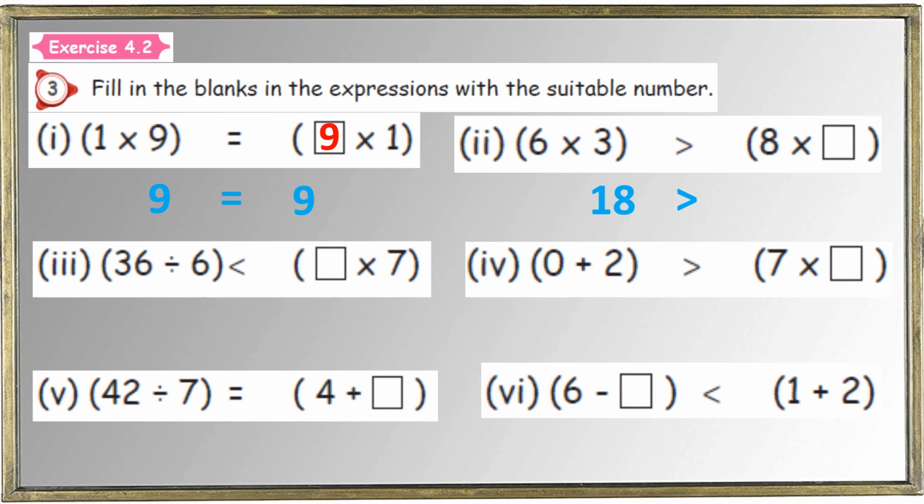So it might be less than 18, like 17 or 16 or 15, right? But if we multiply with 8, we won't get 17. But if we multiply with 2, 8 twos are 16, isn't it? So 2 will be the correct answer.